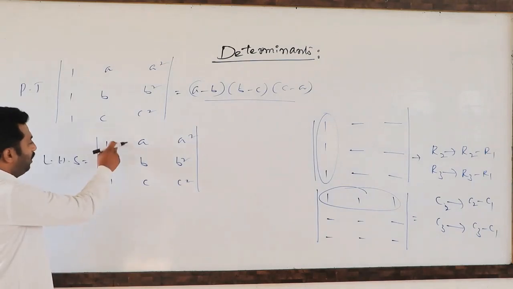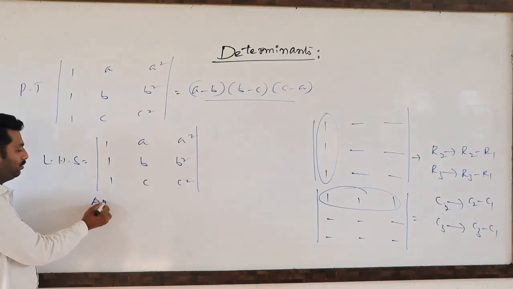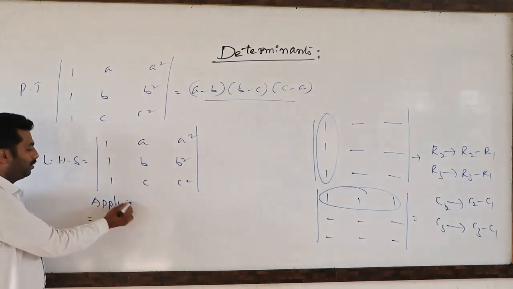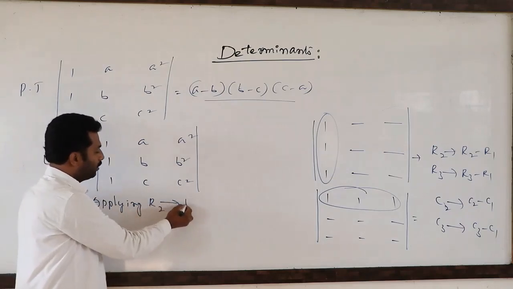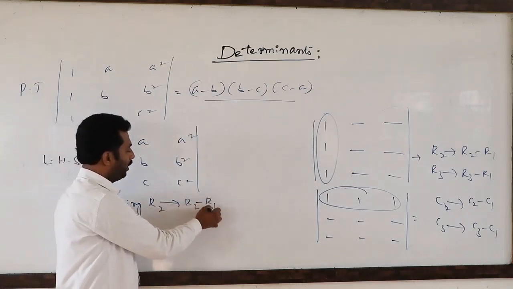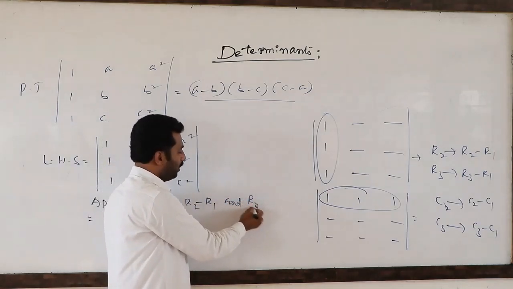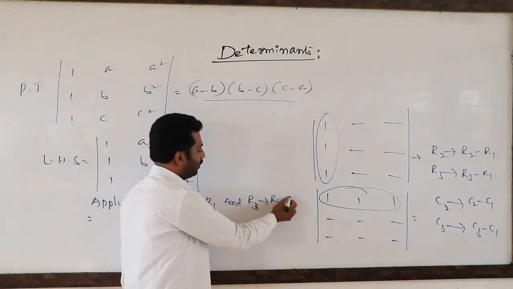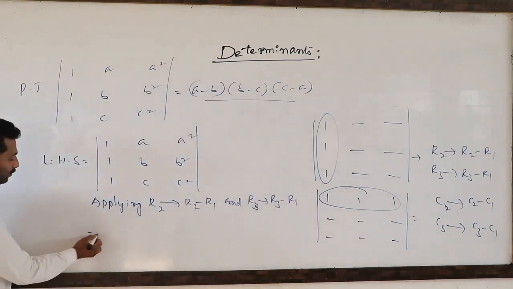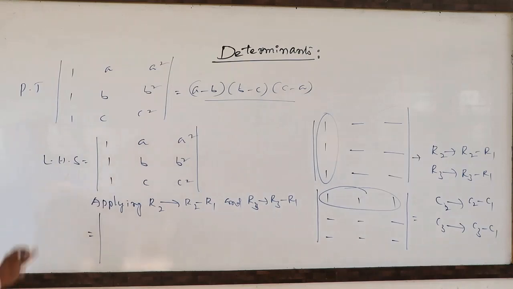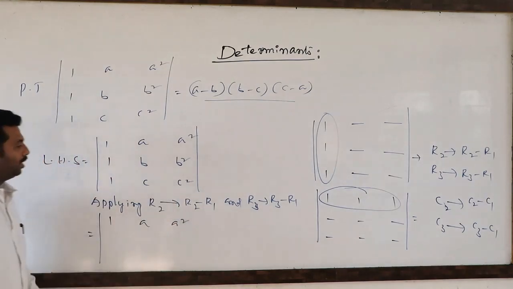Now you observe 1, 1, 1 is in the first column, so applying R2 changes to R2 minus R1 and R3 changes to R3 minus R1. No change in R1: 1, a square.